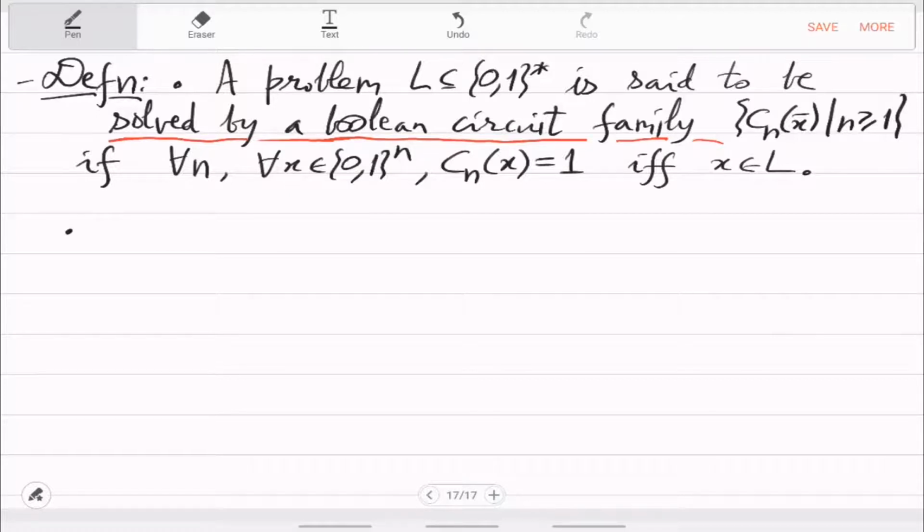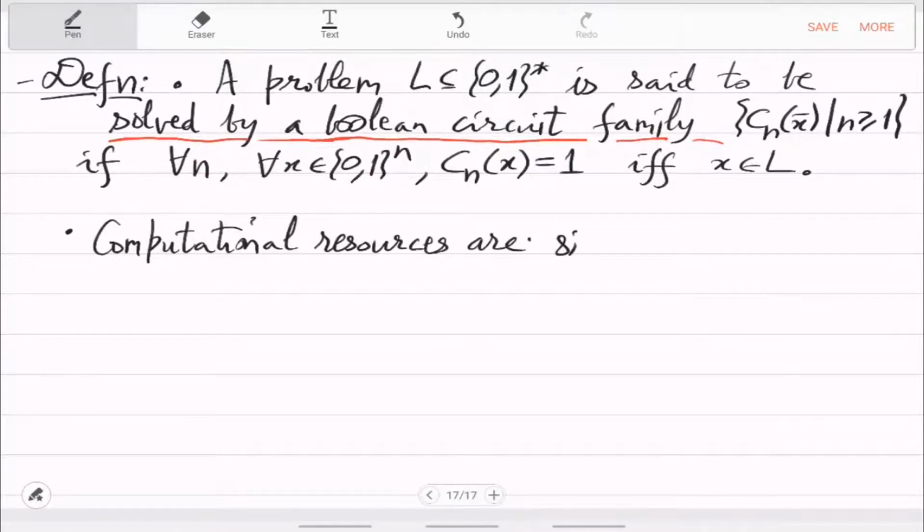And the computational resources in this model: one is the size of the circuit as a function of n, since you have infinitely many Cn's. As a function of n, how is this size growing?